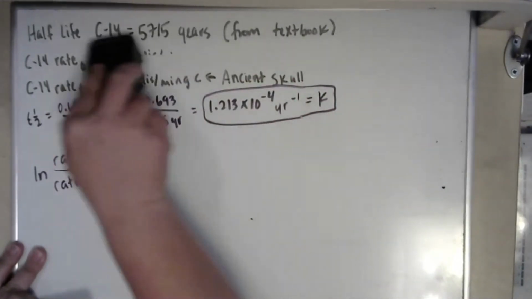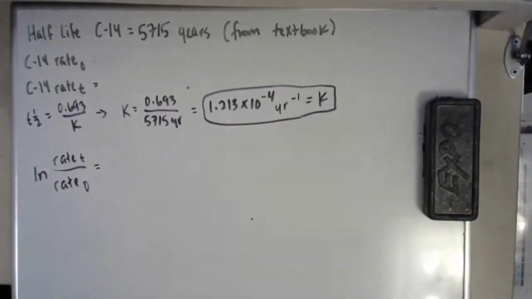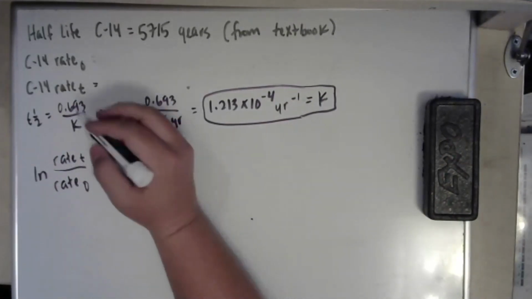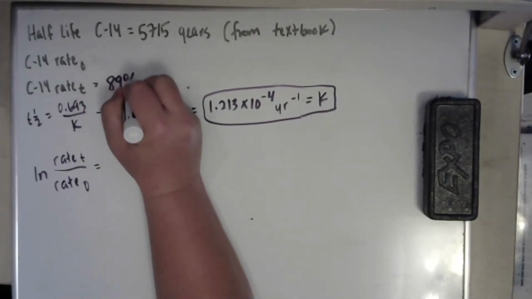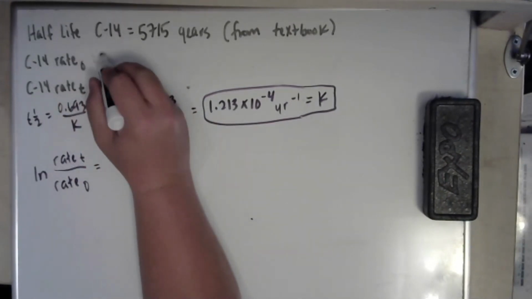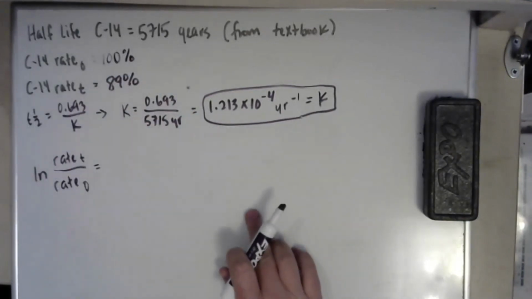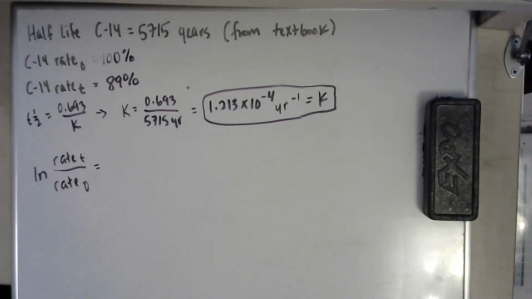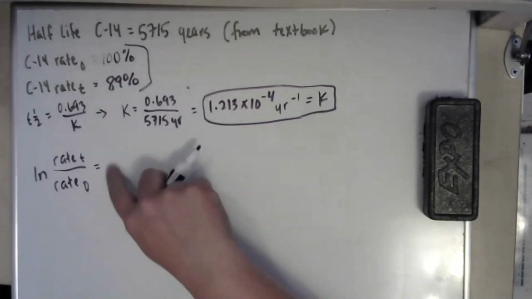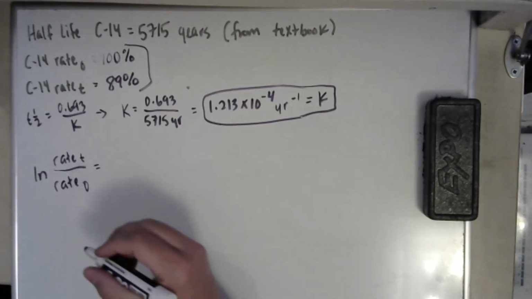Okay, so in this case, they're telling us that the carbon-14 disintegration rate of this ancient scroll is 89% of that found in living organisms. We can assume that in living organisms the rate is going to be 100%. So we were just presented this information a little bit differently, but we can plug these percentages into our integrated rate law, just like we did in chapter 15 with our chemical kinetics.